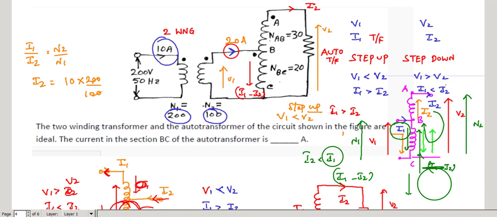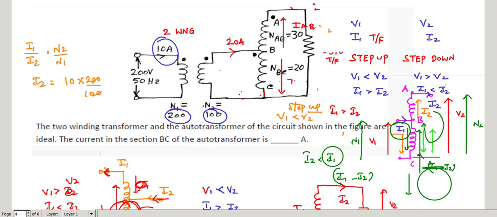Okay, so here 20 amperes is flowing. We know very well that if this current is like this, this current should be like this. Let this current be IAB.